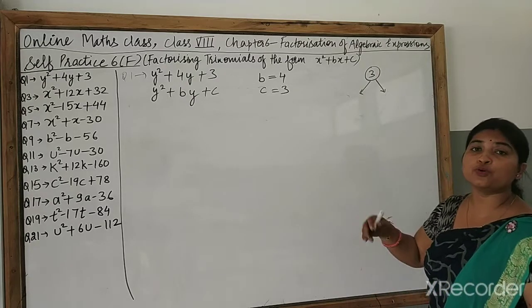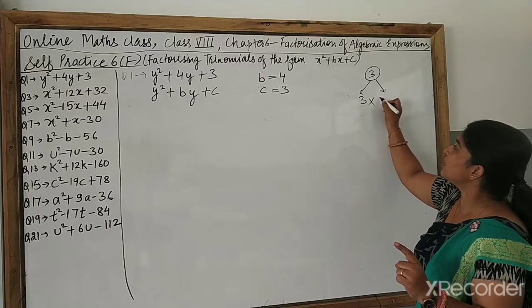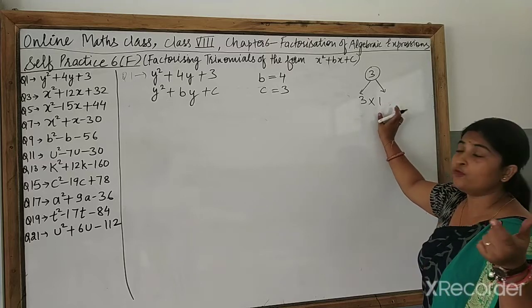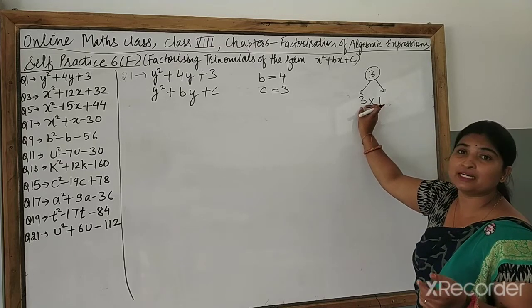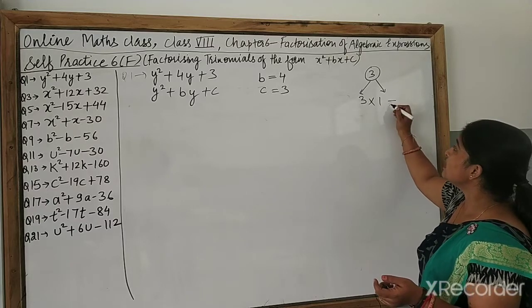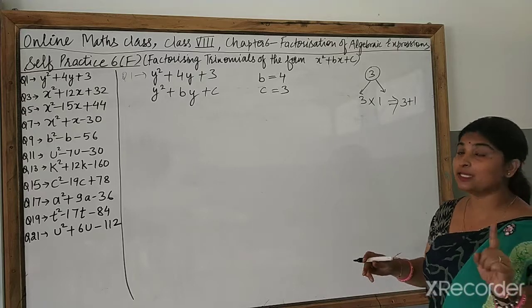So how can 3 be written? 3 can be written in one way only, and that is 3 times 1. No issue. Now from here you have got two numbers, one is 3 and one is 1. Now just add or subtract them. Listen carefully.